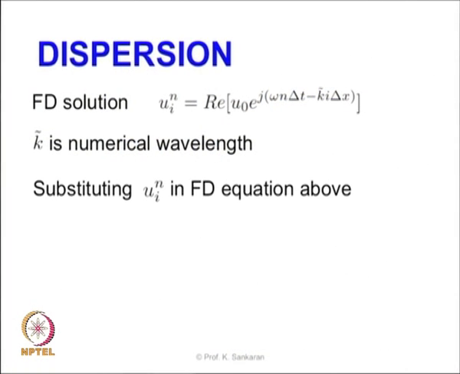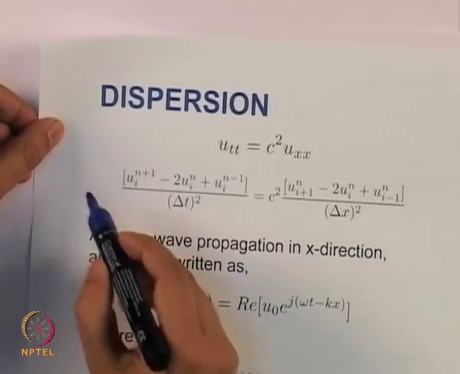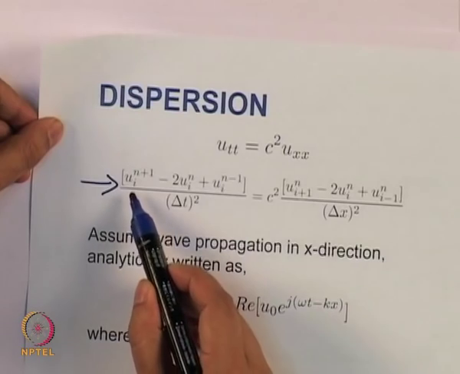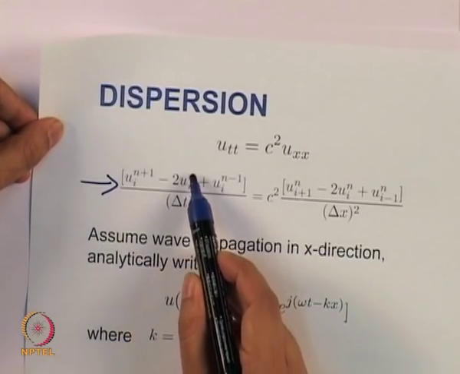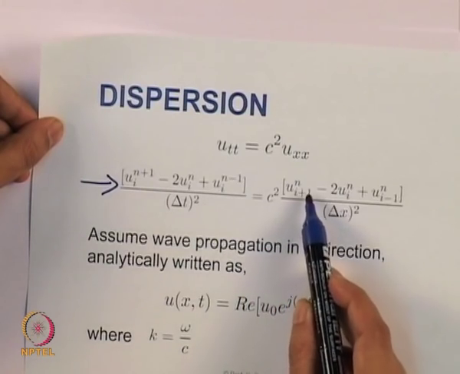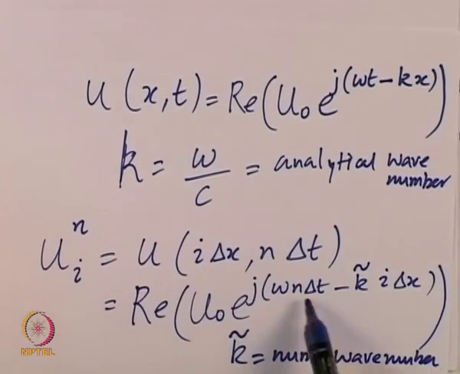Now we can substitute the value of u of i comma n into the finite difference equation which we had before. I am going to substitute the value of u of i comma n into this equation, which we saw before. Obviously the dependence is not only on i comma n, there is also i, n plus 1, i, n minus 1, i plus 1, n, and so forth, so the terms will have different n and i.